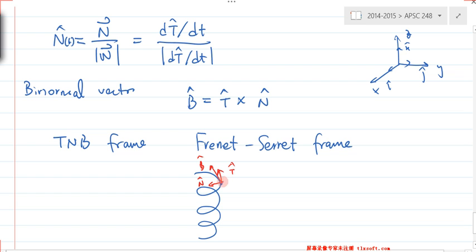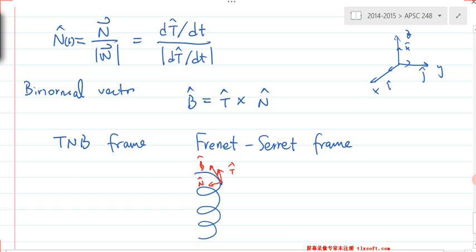Imagine this: if the particle is moving, this TNB frame, which is basically a coordinate system, is not going to be constant. It's going to go through certain rotations.